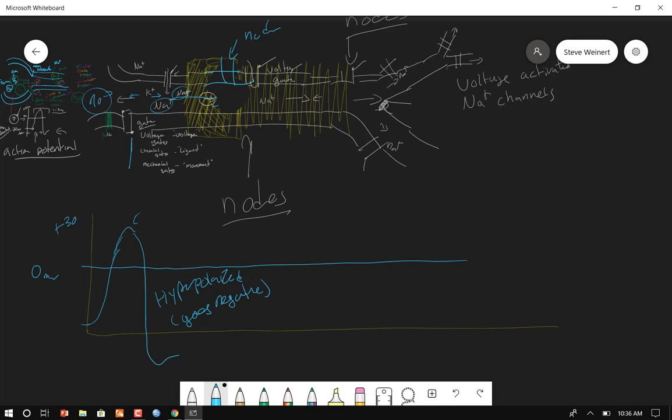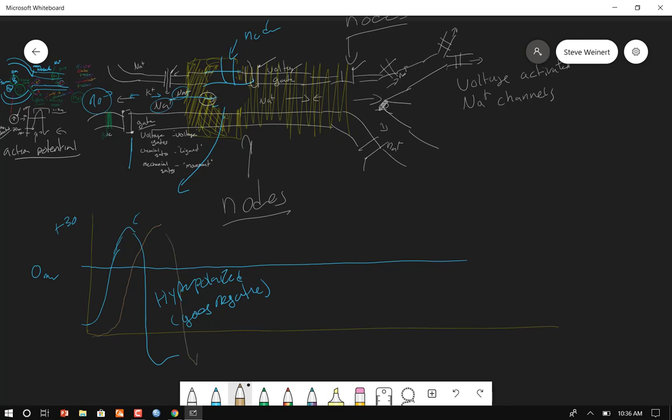So this part of the cell, once it goes positive, all the sodiums run away, and it becomes negative, super negative. So the second part right here, I'm going to draw this in a different color. When the sodium is at its peak, guess what this next node is going to do? It's going to fire.